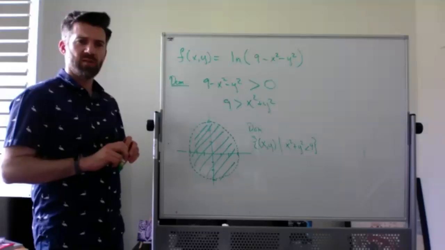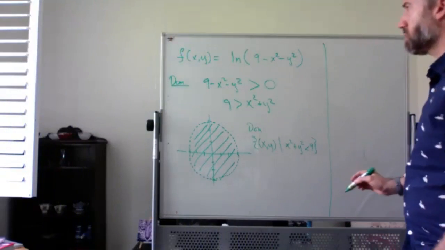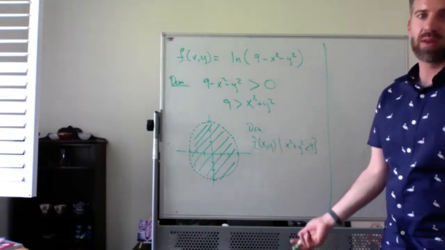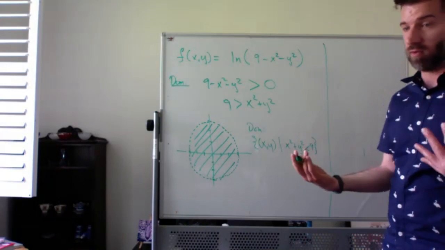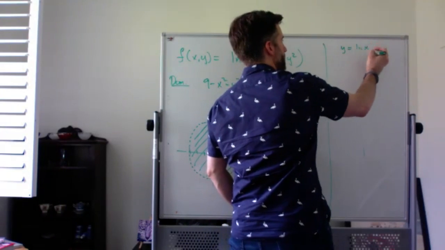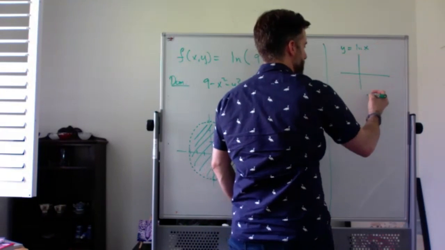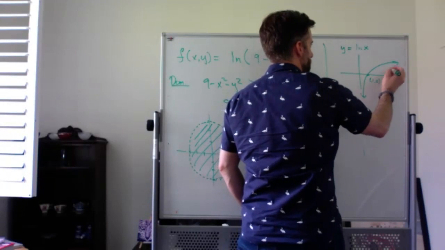Here, the range is a little bit more interesting. Logarithmic functions generally have a range that is everything, right? If I look at just y equal to natural log of x, I know it looks like this. It does this kind of deal, 1, 0.